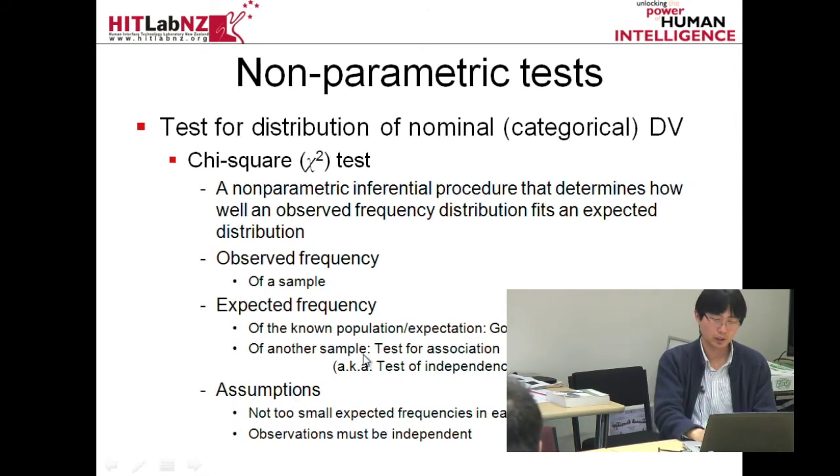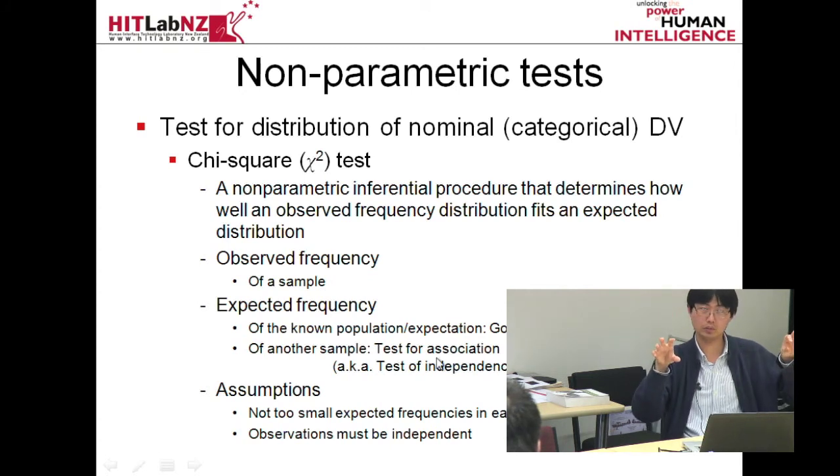And you can do this against known population frequency, expected frequency. In this case, it's called goodness of fit test, and that's how to run that. And in the other case, you can also test 2 samples and compare the difference between the two.